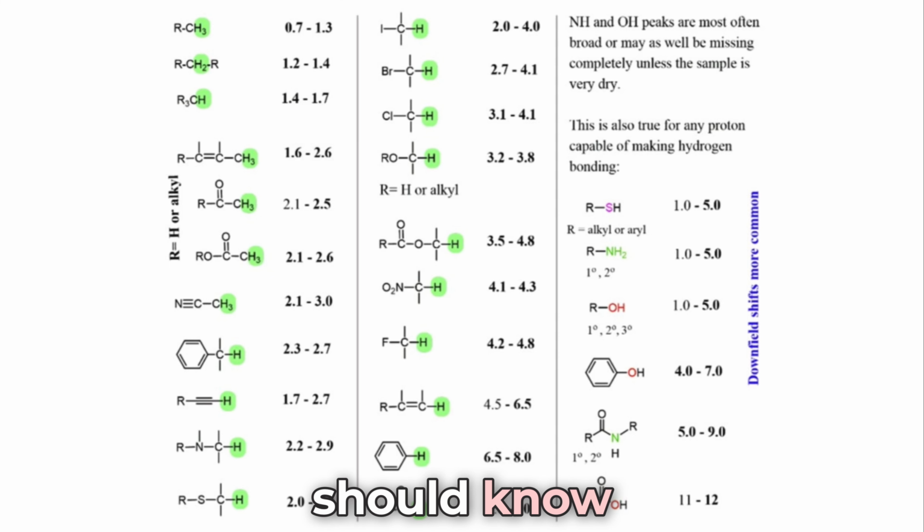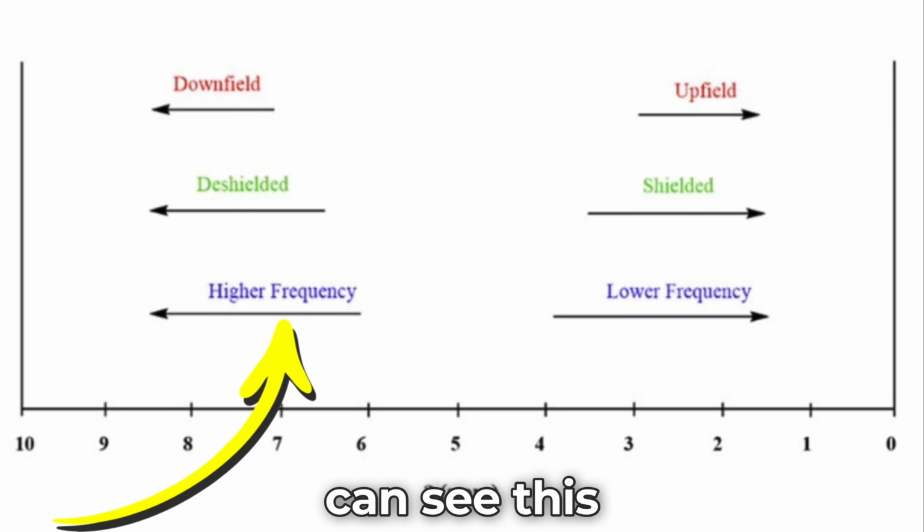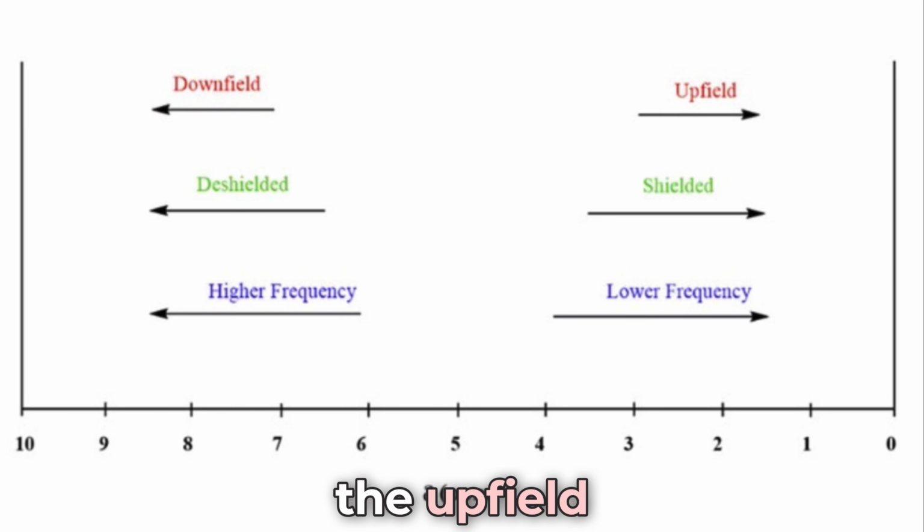You should know which is called downfield and which is called upfield. Downfield means high energy, so it will appear on the left side of the spectrum, meaning higher ppm. Upfield means lower energy, so it will appear on the right side of the spectrum, meaning lower ppm. In the figure you can see this is the downfield and this is the upfield.